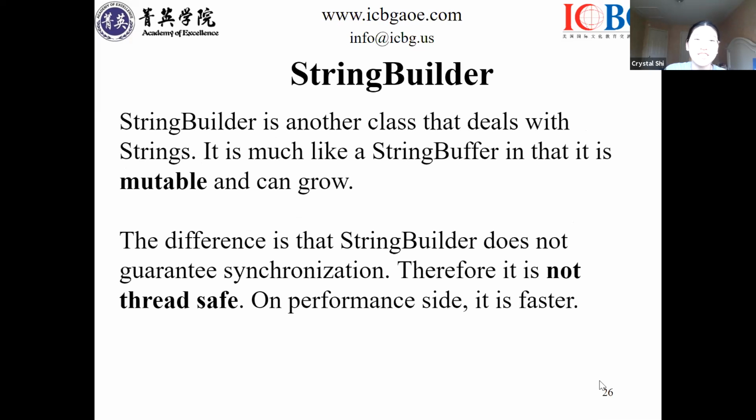This isn't very important. The string builder class is another class that deals with strings. It's very similar to a string buffer in that it's mutable and can grow. The difference is that string builder does not guarantee synchronization, and therefore it is not thread safe. However, it is faster than string buffer, so that's the trade-off there.